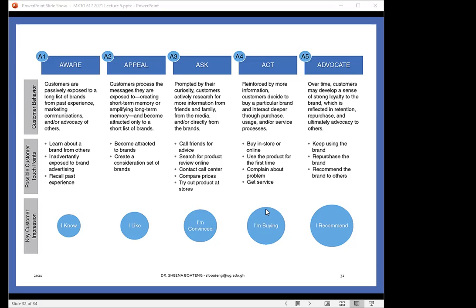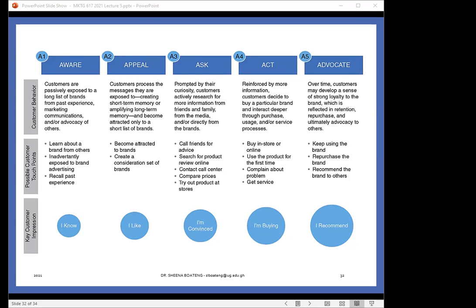So in these 5 phases, we are expecting the customer to know about our brand, to like our brand, to become convinced about our brand, to actually go ahead and buy our brand, and not stop at buying it, but also move a step further and recommend our brand to others, even as they advocate for it, right?